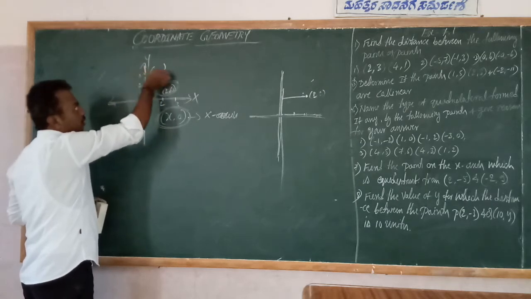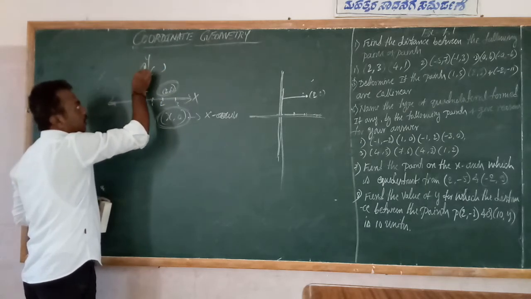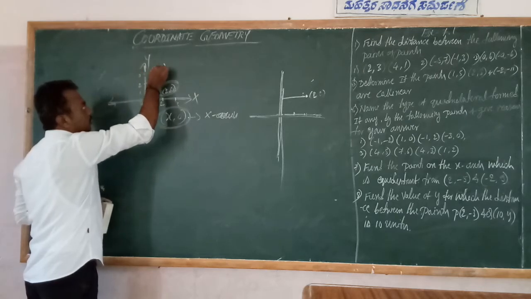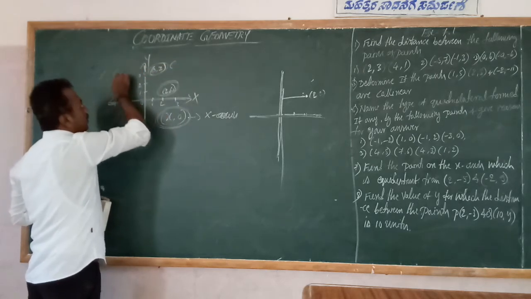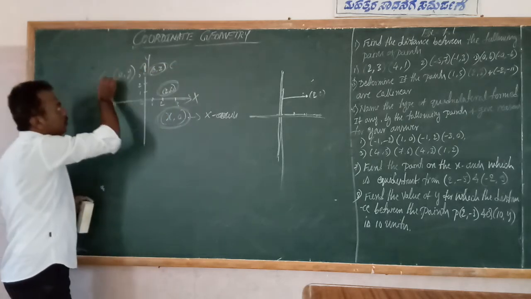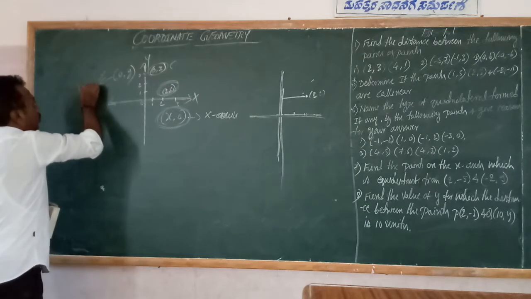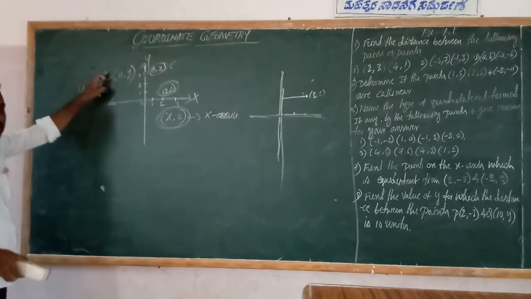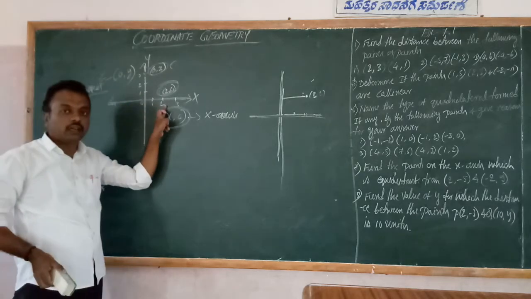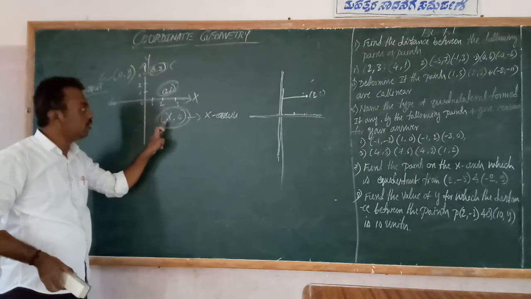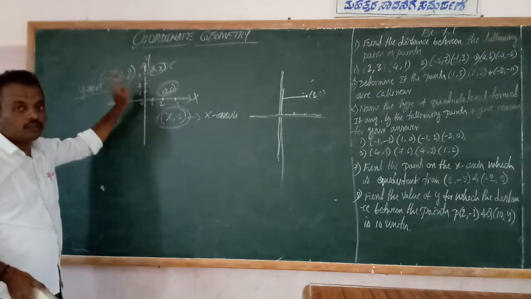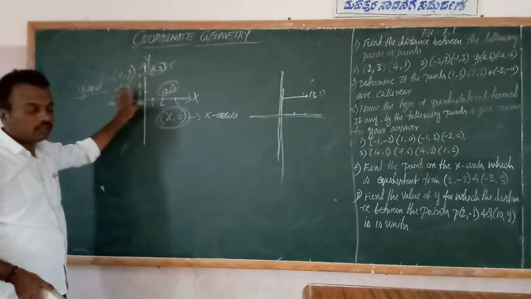So what is the x coordinate? It is 0 and the y coordinate is 3. So in general we can write it as 0, y. So this is the y axis, the coordinates of the points on a y axis. So if the points are on the x axis, the general form is x, 0; on a y axis it is 0, y. So keep in your mind, it is a very important concept. Okay.